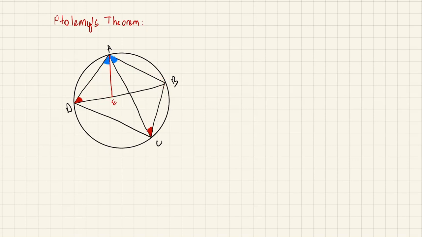So let's go ahead and write it. Triangle DAE is similar to triangle CAB. Okay, so these are two similar triangles. This is good, we will use this in the next step, but I'd like to have some other triangles as well that are similar to each other. In order to do that, I need to look at some angles.